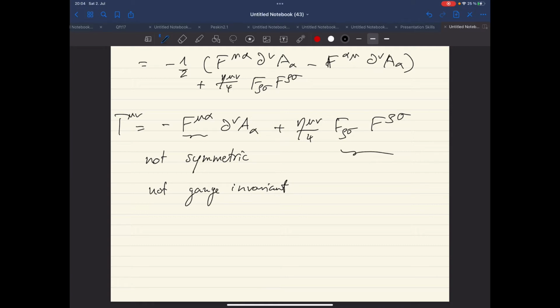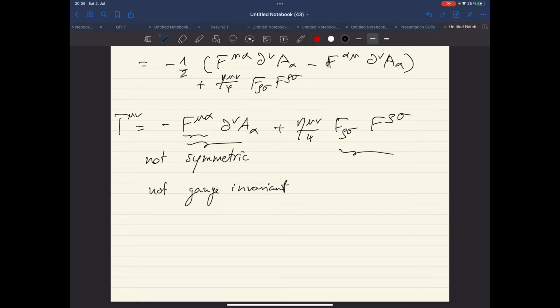But this term is symmetric, but this term is not symmetric. And it's also not gauge invariant because this is well known to be gauge invariant, but if now I add to A alpha some scalar, then this will show up here and it will not be the same after the gauge transformation.